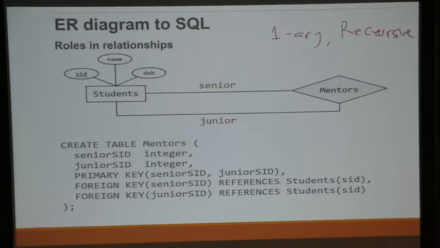Okay, so if you want to have a role here, then the way you can enforce it is by naming it. You create a different table for the relationship set. You cannot just combine them. So this is the mentors, and then you just give it a different name, right? And then just reference the same table. Okay? So any questions?